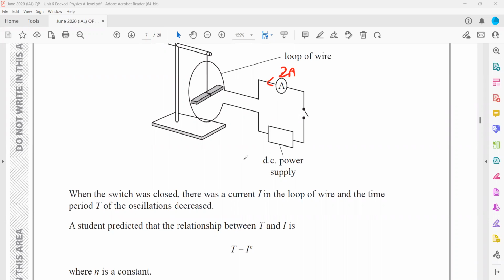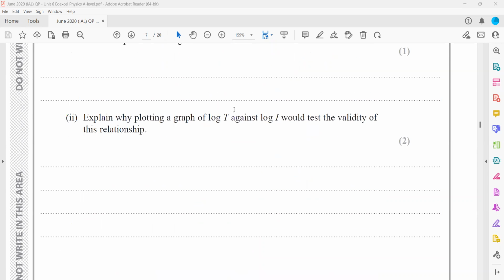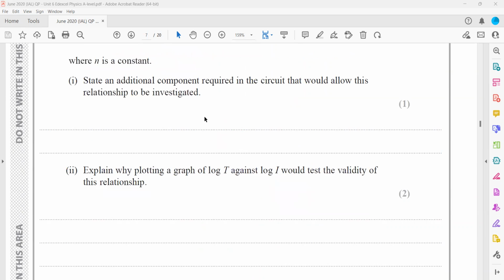We should have different values. We could use a variable supply, but what we should add to the circuit is a variable resistor. When we add a variable resistor, we can change the current in the circuit, so we can investigate the time period for different values of current.